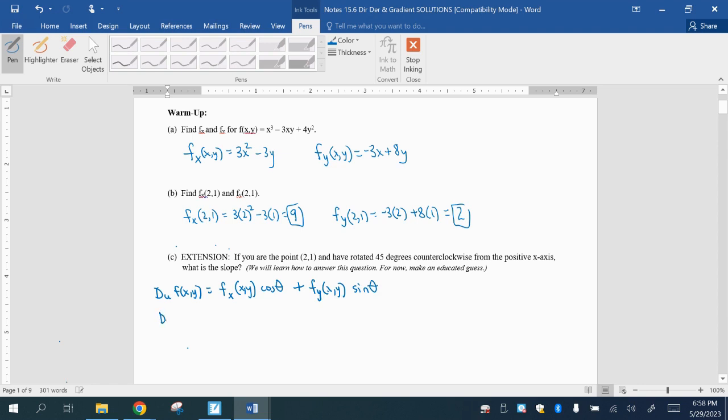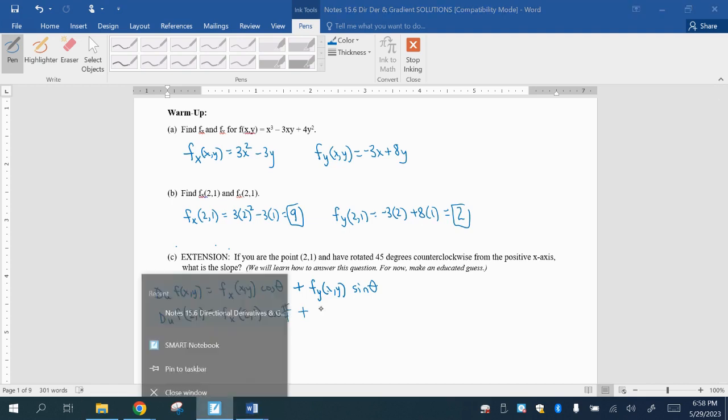And we are going to find the directional derivative at that point 2, 1. We already know that the partial with respect to x at 2, 1 is 9, so we'll replace that pretty soon. And theta is pi over 4, because that is the angle, 45 degrees.